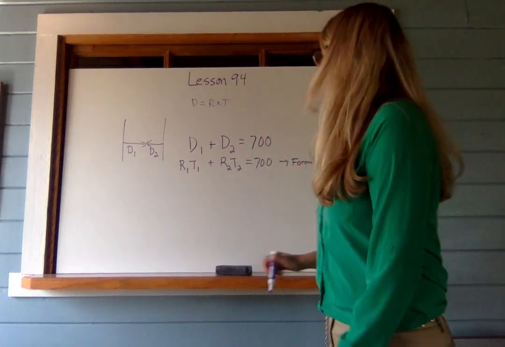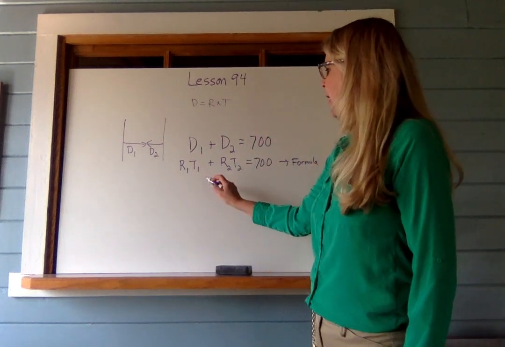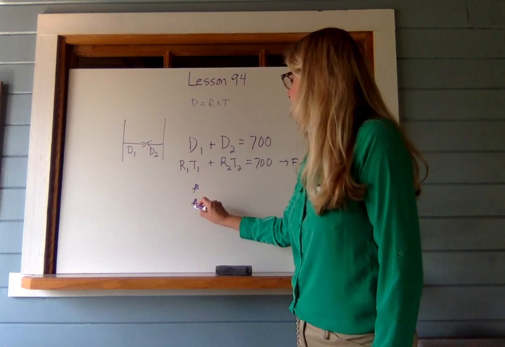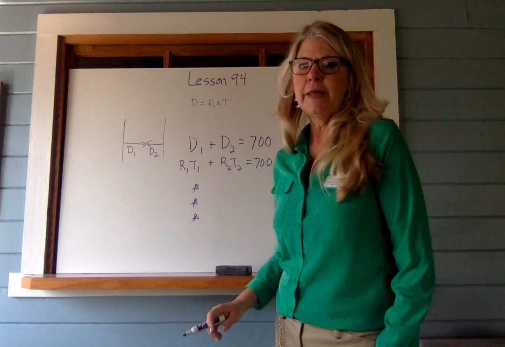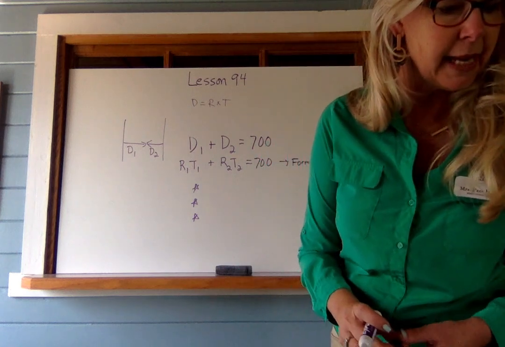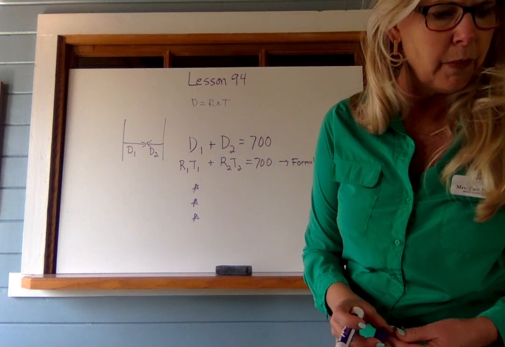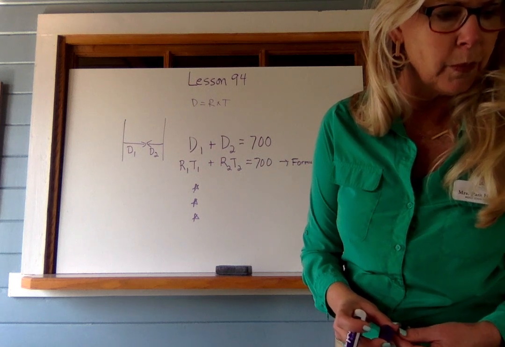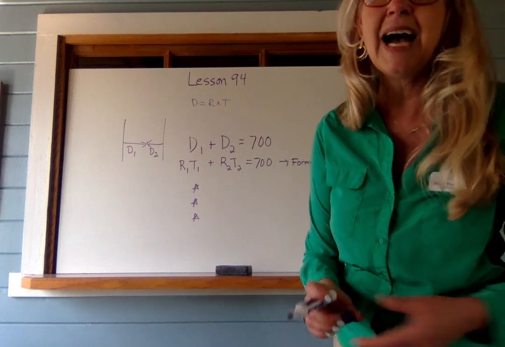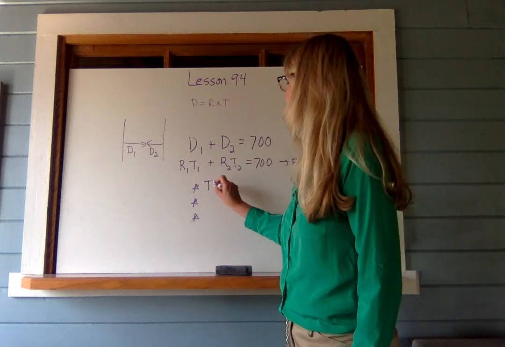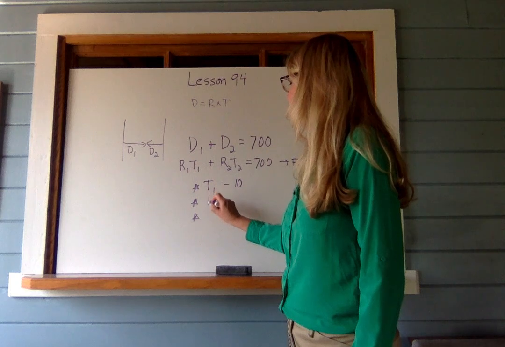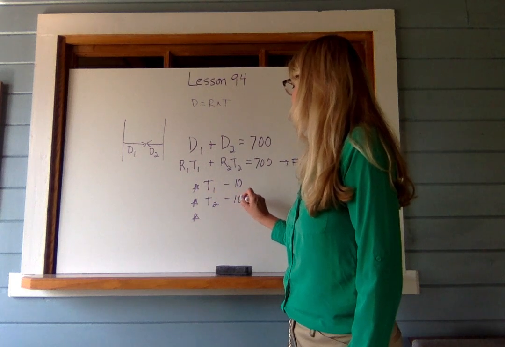Let's put our knowns in. The story problem tells us what time they collided, so we can use that. Time 1 was 10 o'clock and time 2, 10 o'clock.